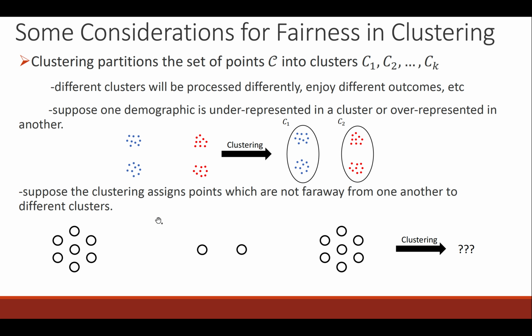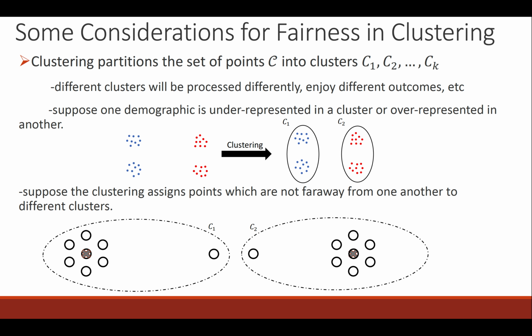Similarly, we can also think about another notion. So points which are close to one another might desire the same treatment. So let's consider the following set of points. We have this cluster on the left, similarly this cluster on the right, and midway in between them we have these 2 points. Now if we cluster them, we might get the following output. Now clearly these 2 points are close to one another, but they have been assigned to different clusters.